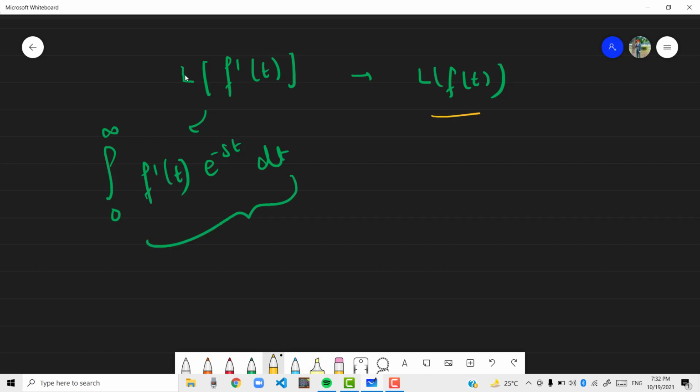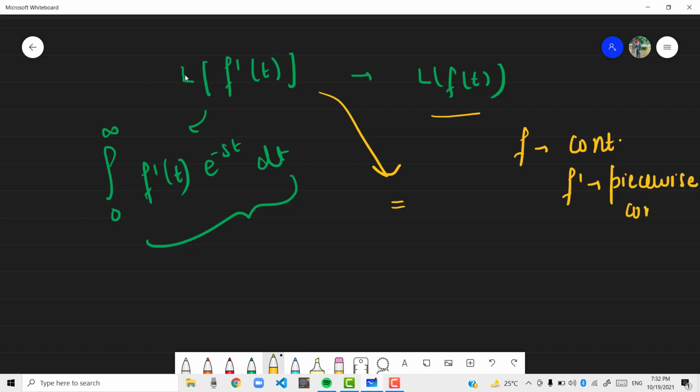But if you know the Laplace transform of f t, then how can you calculate the Laplace transform of f dash t? So it has a formula. It says that if f is continuous and f dash is piecewise continuous, then for any particular interval, the Laplace transform of f dash t is equal to s into Laplace transform of f t minus f of 0.